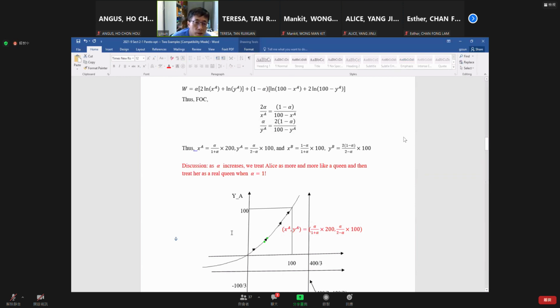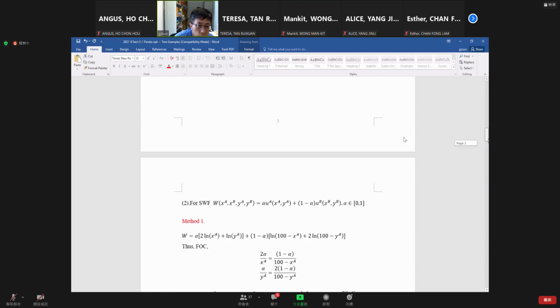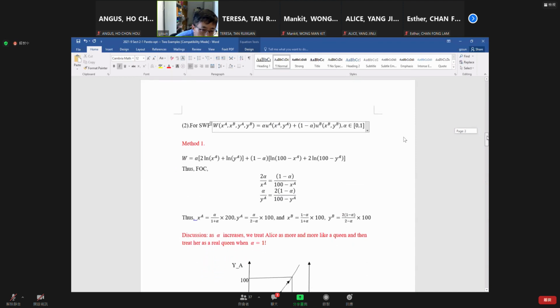And another solution is let's try to find a good number, XA and YA, from the Pareto set. We know we want to maximize this value, but at the same time, we know that the solution must be inside the Pareto set. So therefore, we can make use of what we got from the first step, and then we solve the problem.